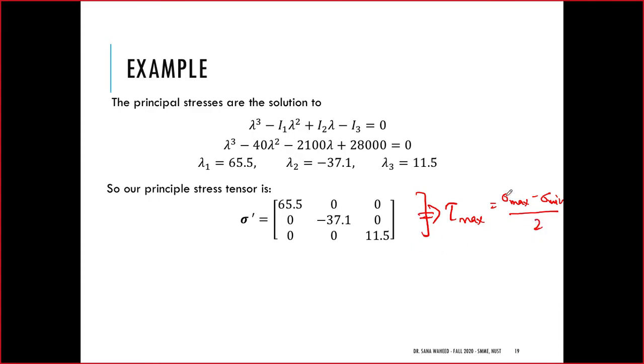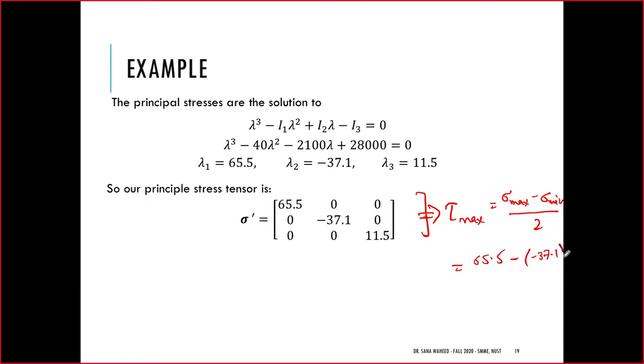So what is it? What is the maximum principal stress here? Someone tell me. Guys. 65.5. Exactly right. It's 65.5. And what's the minimum? Negative 37.1.